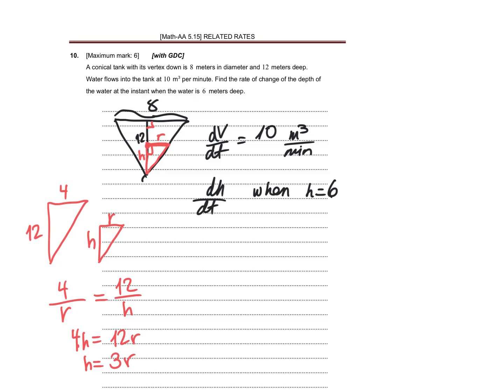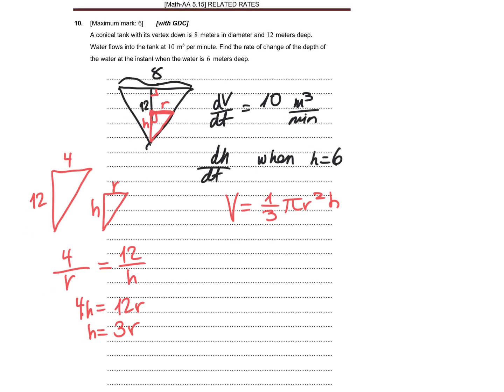So now we need volume of a cone is 1/3 pi r squared times the height. So the reason you have to do this over on the left is that we have r squared and h here, and we're looking for dh/dt, but we don't have dr/dt, okay? So actually, I need this to be r, okay?